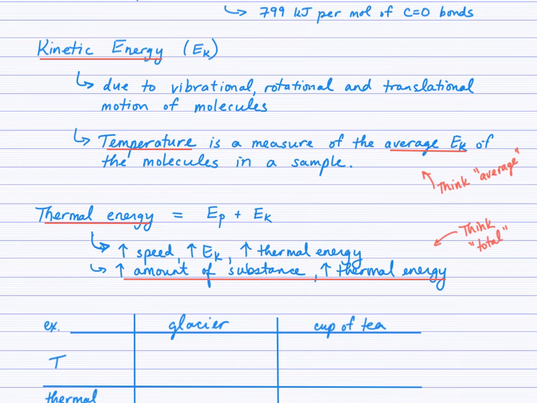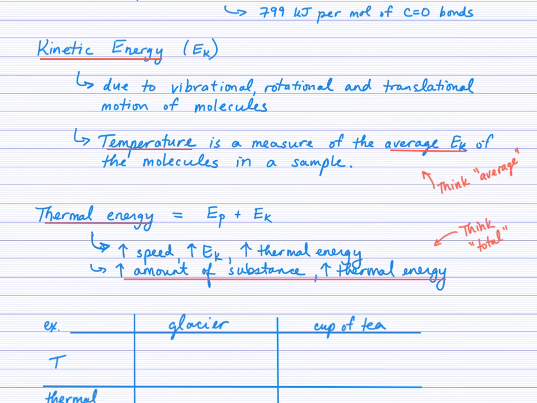Thermal energy, on the other hand, think total or sum. We're looking for the total internal energy of the sample, which really is a sum of the potential and kinetic energies of all the particles. So it's true here that as the particles move faster, as you increase the speed, that will increase the kinetic energy, which has then increased the thermal energy.